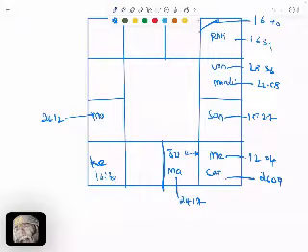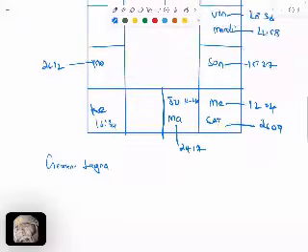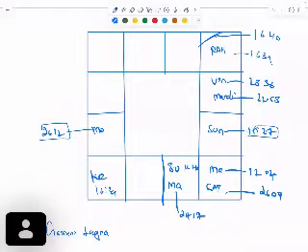Okay, now let's analyze this chart. Which is the Lagna here? Mithuna Lagna, Gemini Lagna. So what will be the Tithi Shunya Rashis? 15 degree here, four corners, 26 degree here.